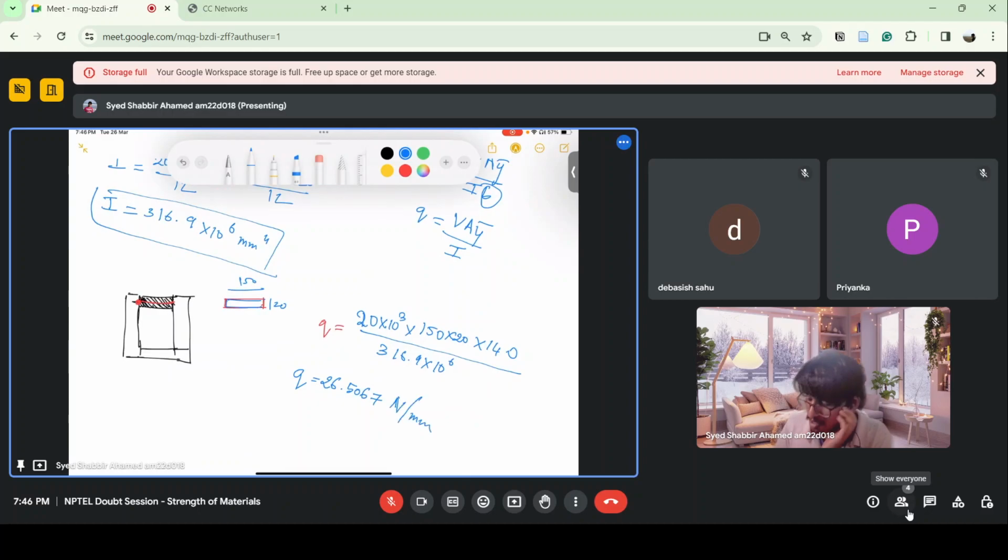This is the shear flow, shear force per unit length. So the units are consistent.